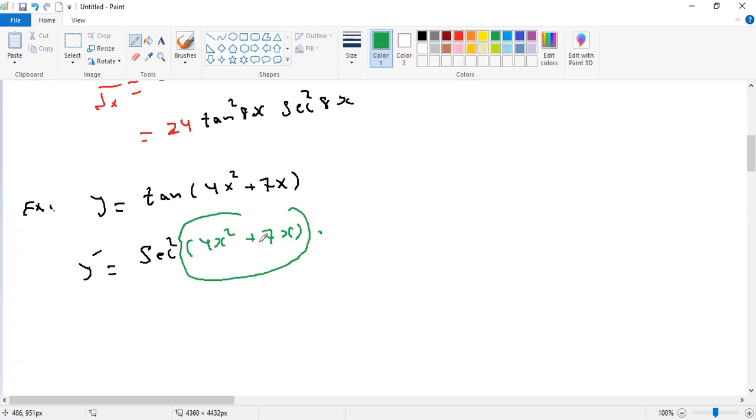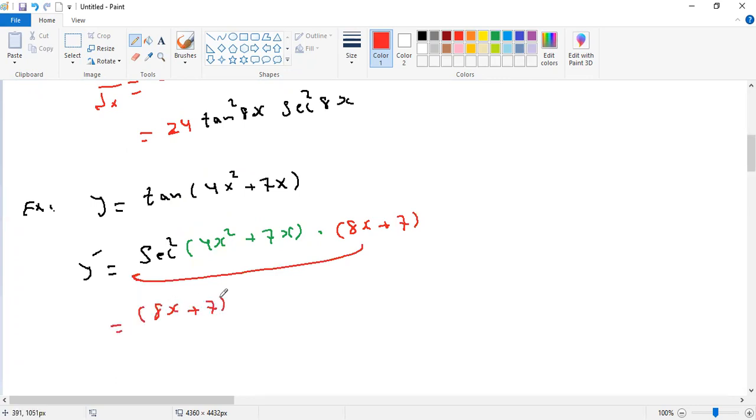The derivative of this is 8x plus 7. Again, we have to write this before secant squared. So the answer is 8x plus 7 multiplied by secant squared of 4x squared plus 7x. So this is the answer.